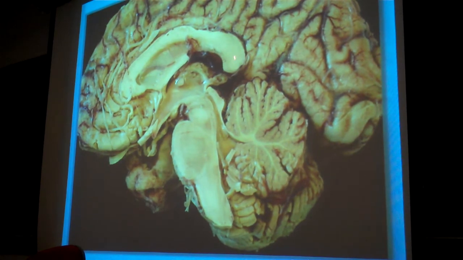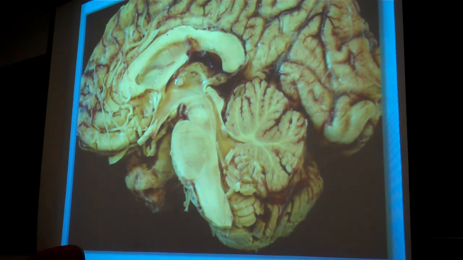Corpus callosum, again, is where all the axons are going from side to side. When you have axons going front to back, we call them association fibers. When they're going side to side, we call them commissural fibers. And when they're going out of the brain or coming into the brain, we call them projection fibers.